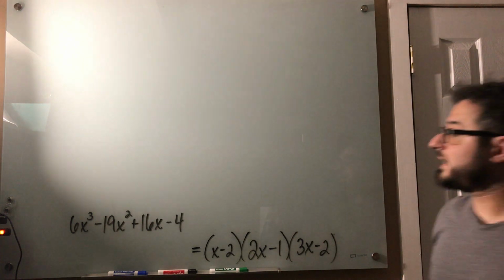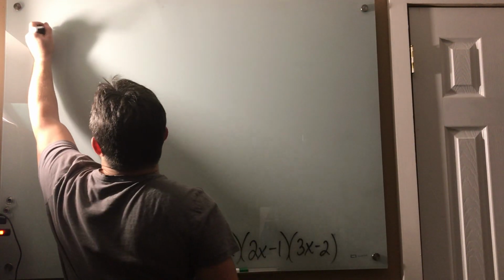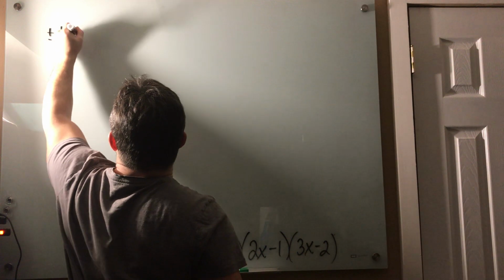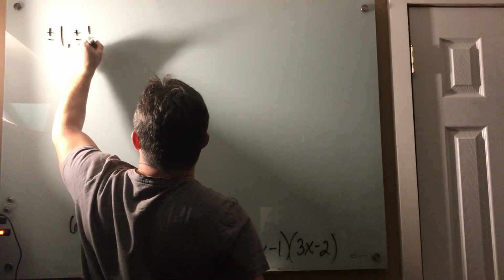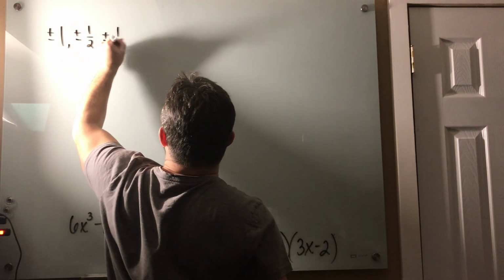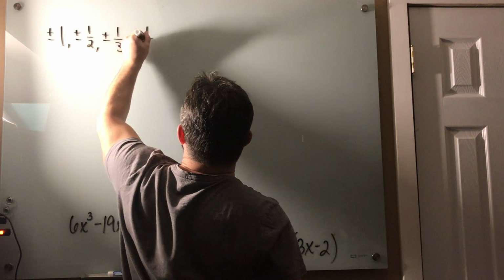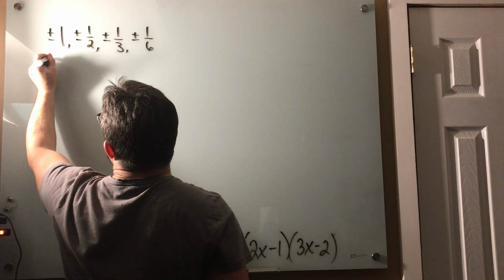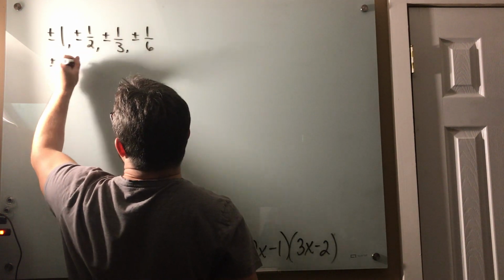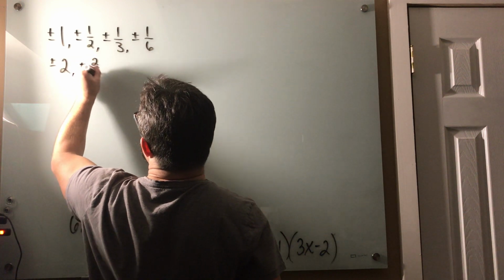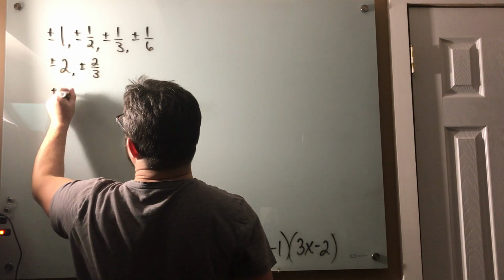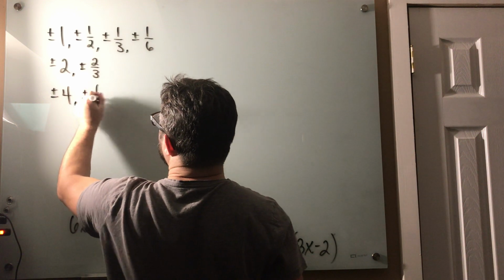Remember, the list of rational zeros was plus or minus 1, plus or minus 1/2, plus or minus 1/3, plus or minus 1/6, plus or minus 2, plus or minus 2/3, plus or minus 4, plus or minus 4/3.